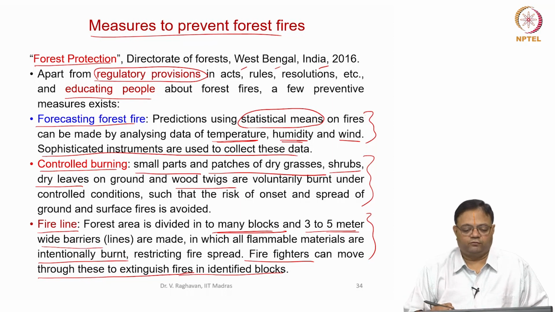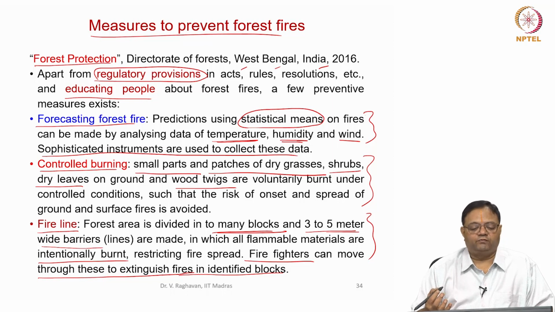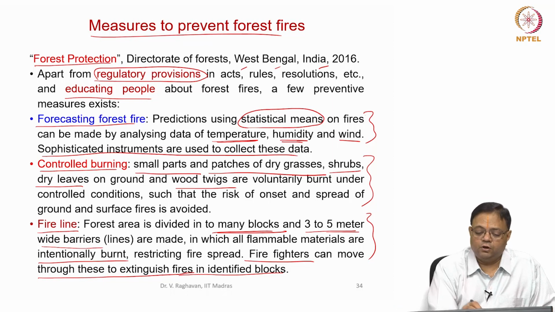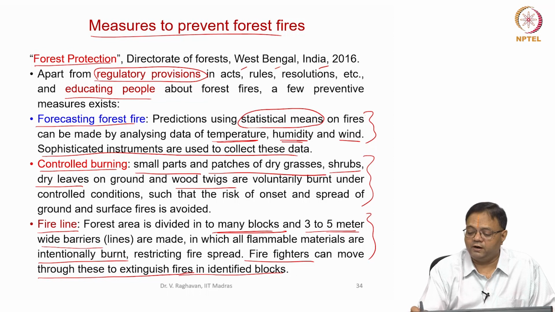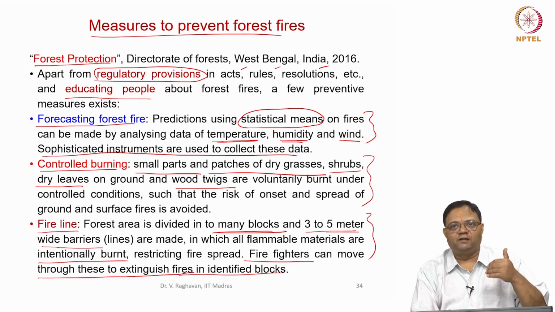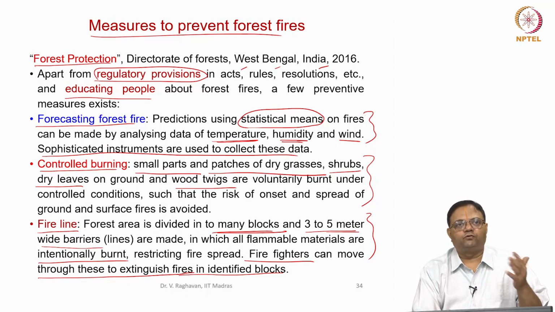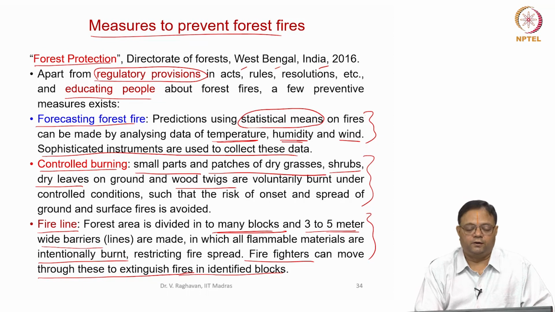In most cases, it is done. So to prevent basically naturally occurring fire, etc., forecasting with good data of temperature, humidity, and wind is one of the important things. By seeing the weather, etc., we can say whether forest fire can occur, and the measure to extinguish it as soon as possible can be triggered.